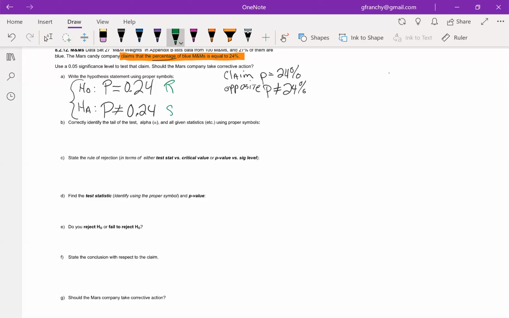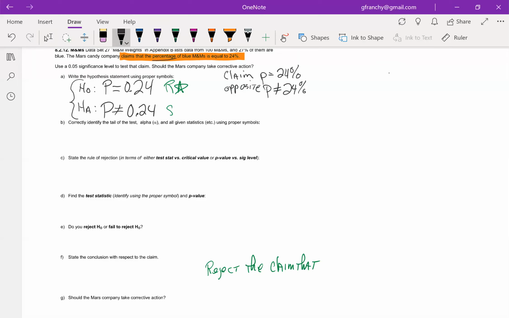And do the quick R and the S. And it's, again, the null hypothesis that represents the claim. So I star the R. And what this means is when it comes time to write the conclusion, R is for reject. We're going to be talking about whether or not we have the evidence to reject the claim that.